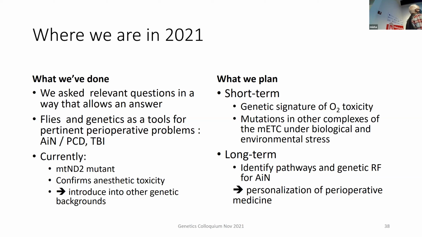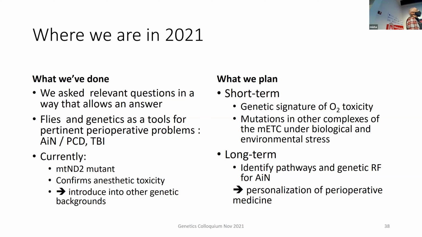And so what we plan in the short term, we would like to figure out what the genetic signature for the toxicity is. We still don't know. To be honest, we don't even have a clue. And then we will try to see whether mutations in other complexes of the electron transport chain result in a phenotype under the stresses of aging and exposure to anesthetics.